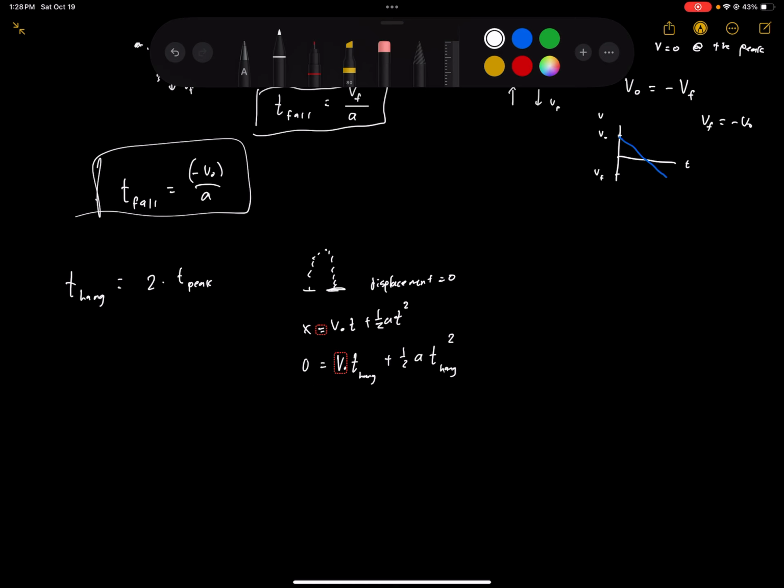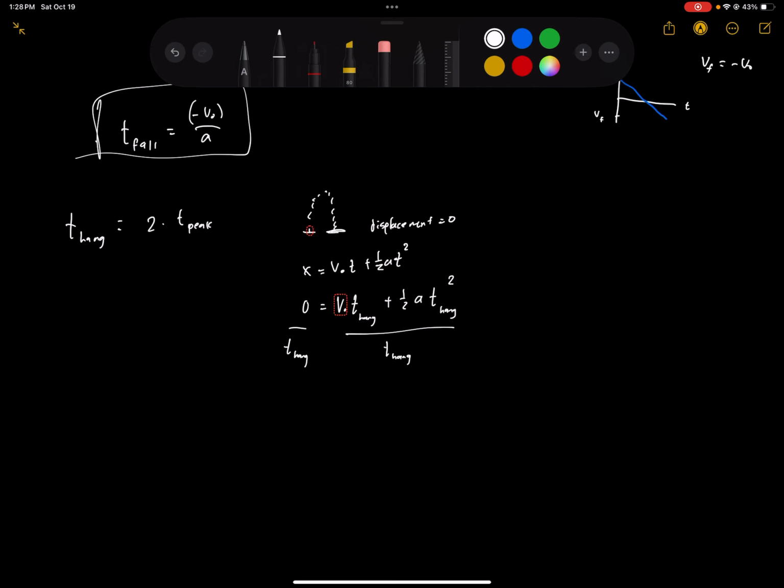In order to solve for t, I can divide both sides by t hang. What I end up with is 0 is equal to v naught plus 1/2 a times t hang. Because v naught t divided by t is just v naught, and 1/2 at squared divided by t is 1/2 at.